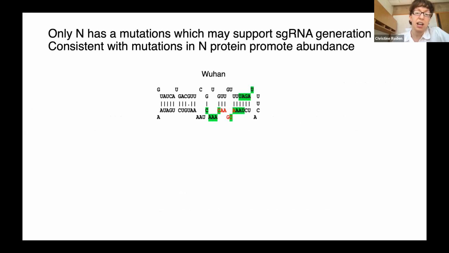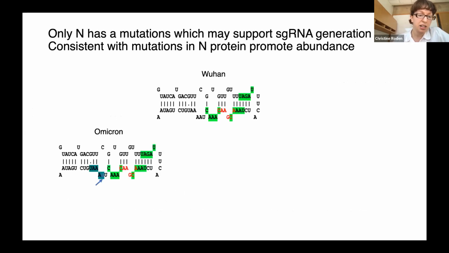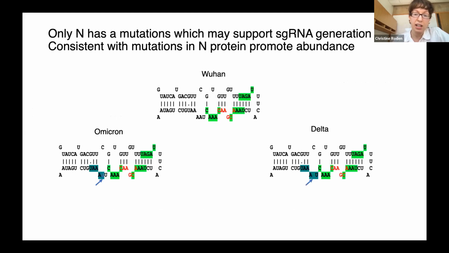So as we mentioned, N sgRNA, the TRS-LB of that hairpin has 4 motifs, as originally was isolated in Wuhan in December of 2019. But Omicron has a mutation that will create a 5th motif, A to a U, and Delta has a deletion in the same position, which will also create a 5th motif in a completely different way.